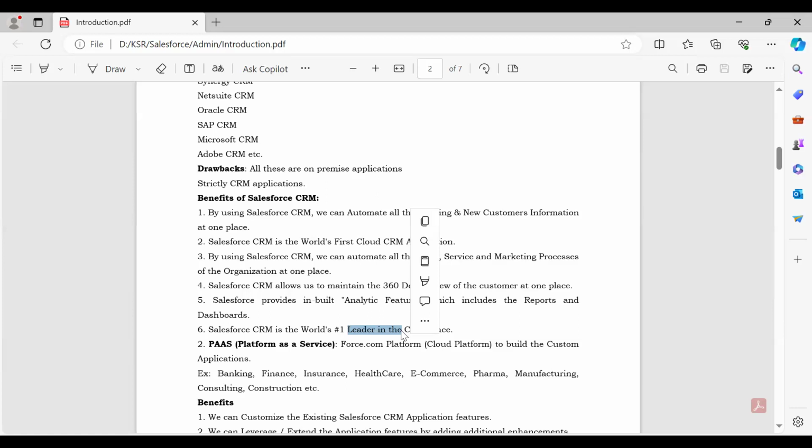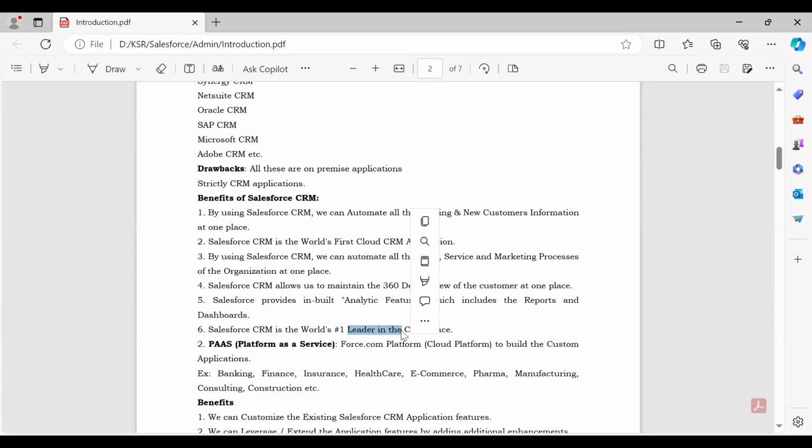Its top 4 competitors' market share together is only 19%, whereas Salesforce market share in CRM market alone is 23%. That is why it is considered to be world's number one leader in CRM market. These are the benefits of Salesforce CRM application. That is why most of the customers want to use Salesforce CRM application in order to automate their business processes.